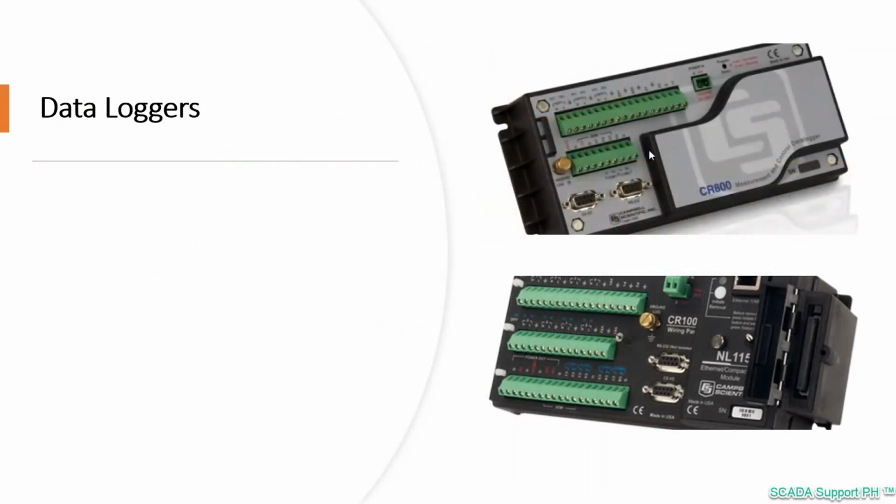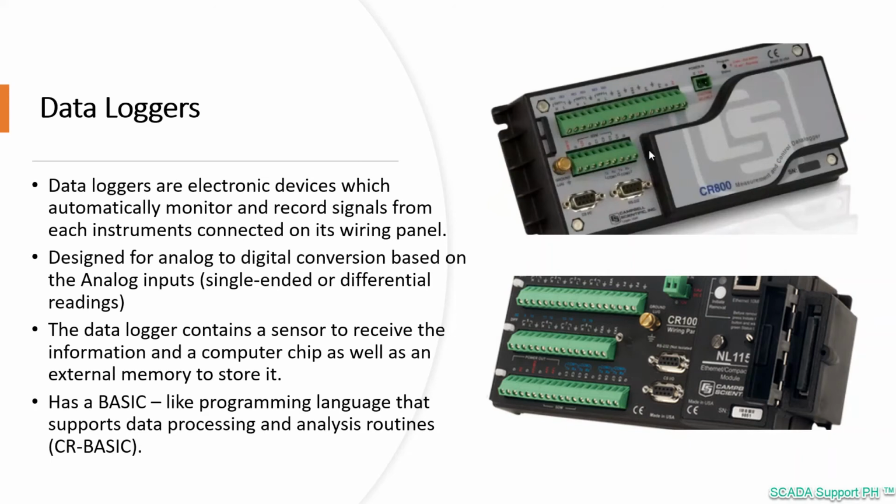Now we move to the data logger, which is the data concentrator for the MDAS. Data loggers are electronic devices which automatically monitor and record environmental parameters over time, allowing conditions to be measured, documented, analyzed, and validated.